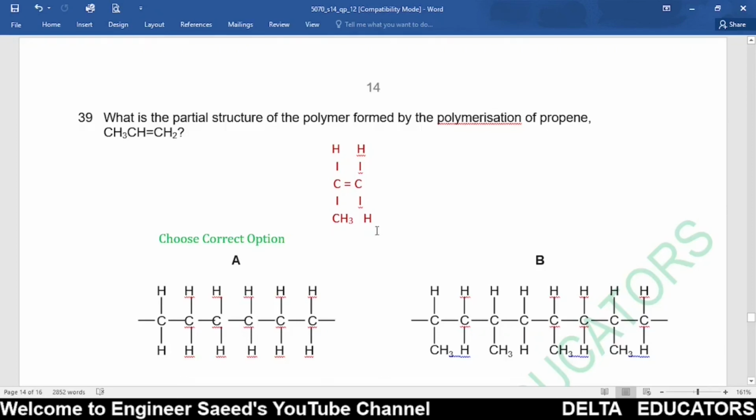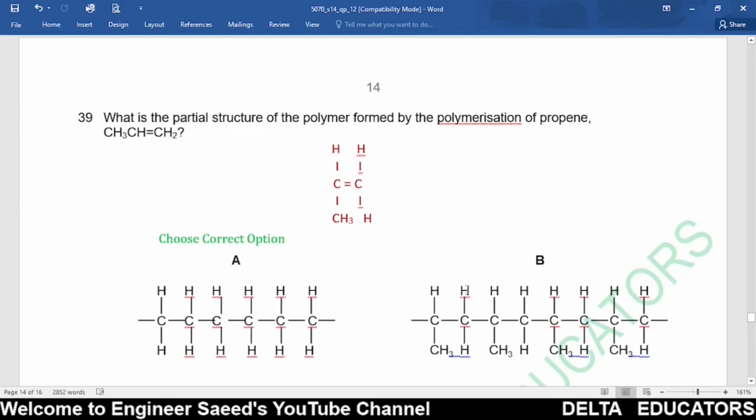Now we check the options. In option A we see that with the carbons we have hydrogen in all cases. So this one cannot be, this one is incorrect. Now we check B. In B we have hydrogen and one methyl radical with this carbon, the same as in this monomer. We check the second carbon.